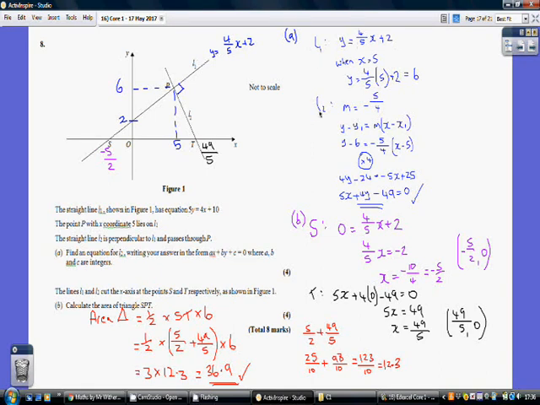So to work out its gradient, I just flip this 4/5 over to 5 over 4 and change the sign. So the gradient of L2 is minus 5 over 4. So I can pop that into my y minus y1 formula, and I know everything I need to know now. I know the gradient, minus 5 over 4, and I know a point on the line, P, 5, 6.